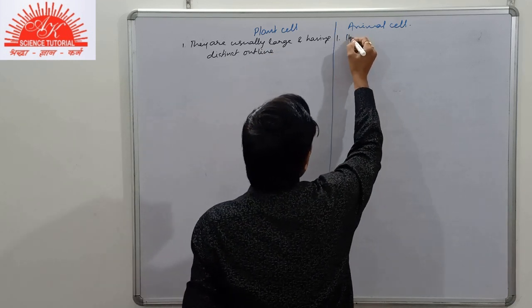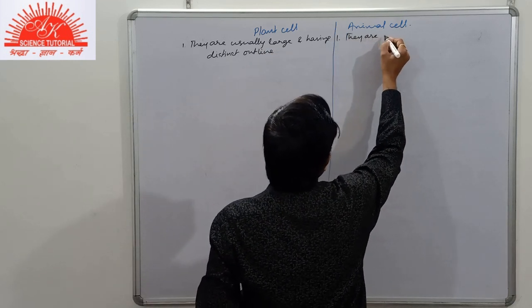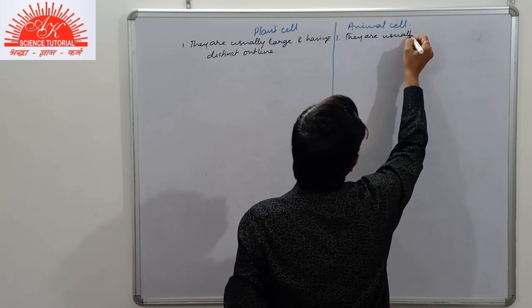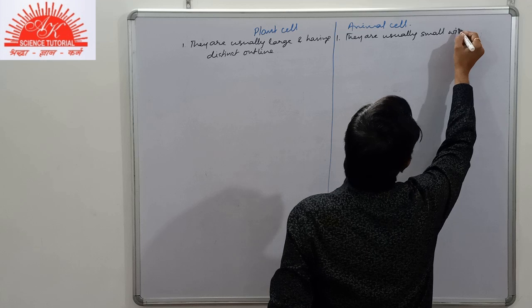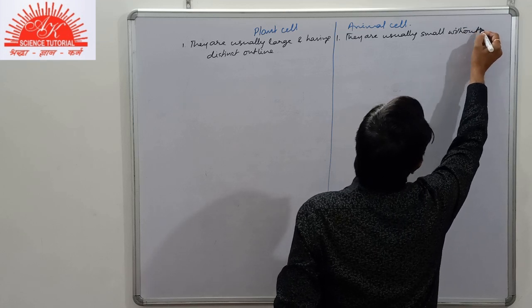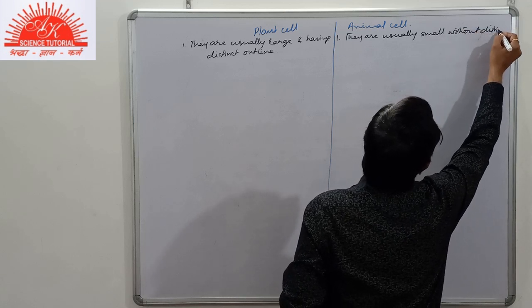Here, animal cells are usually small without distinct boundary.